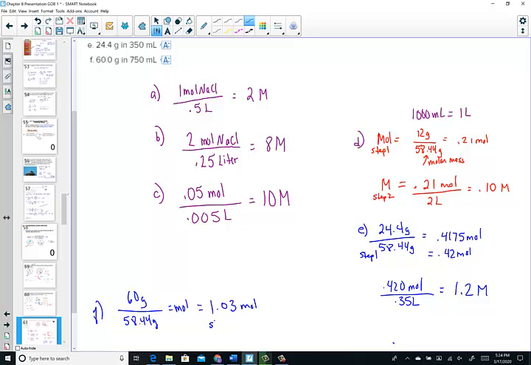So step 1, get the moles. Step 2, divide the number of moles by the volume in liters. So I'll divide that by 0.75, and my answer is 1.37, and that's 3 sig figs. That's good enough. There's the molarity for letter F.